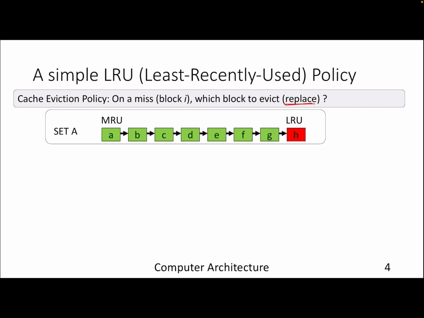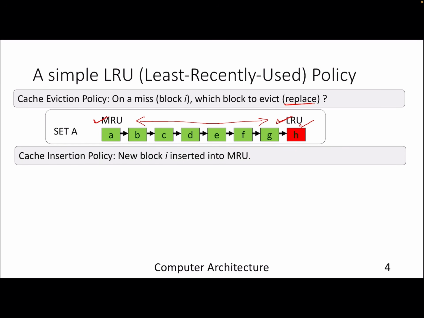So if we have an LRU based priority chain with a number of blocks for a given set, it assigns a priority for each block. Let's assume that some block will be MRU, some block will be LRU, and some other blocks will be roaming around in between the MRU and LRU positions, right? So the replacement policy will kick out the block which is present in the LRU position.